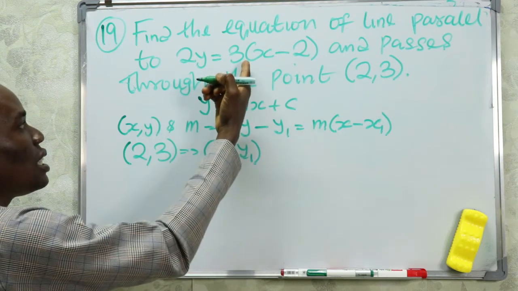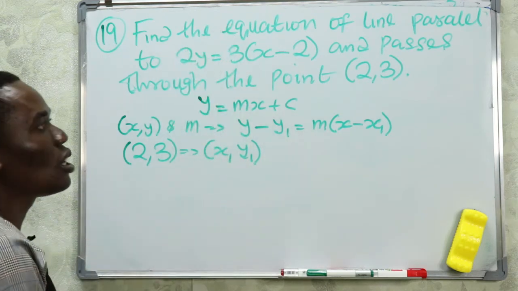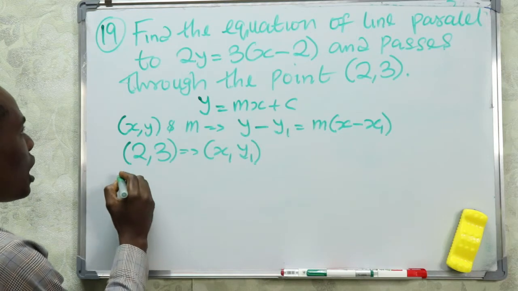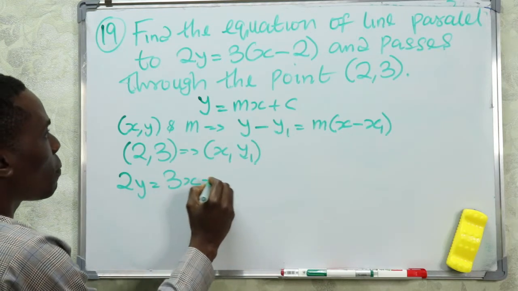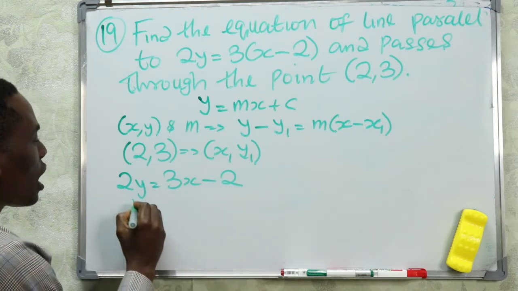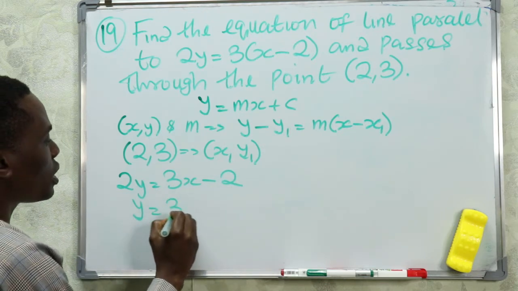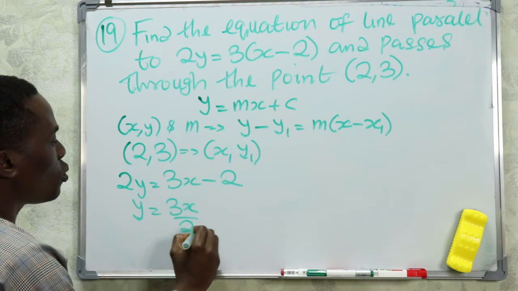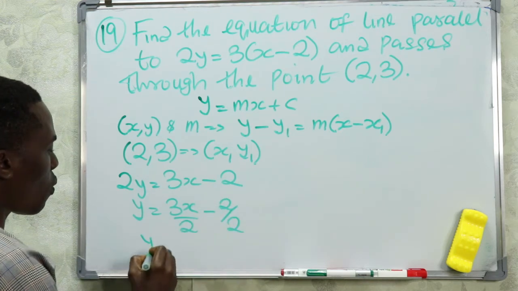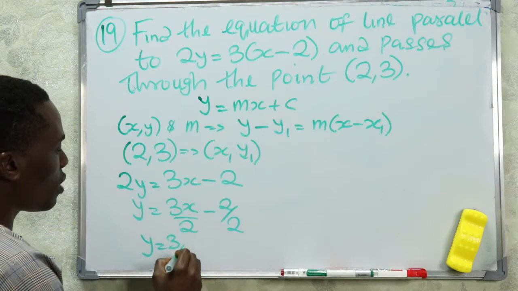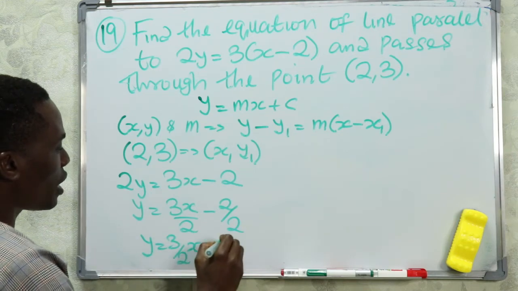Simply getting the gradient of this line will give us the gradient of the other line. So 2y is equal to 3x minus 2, then our y will be equal to 3x over 2 minus 2 over 2. So our y now will be equal to 3 over 2 x minus 1.